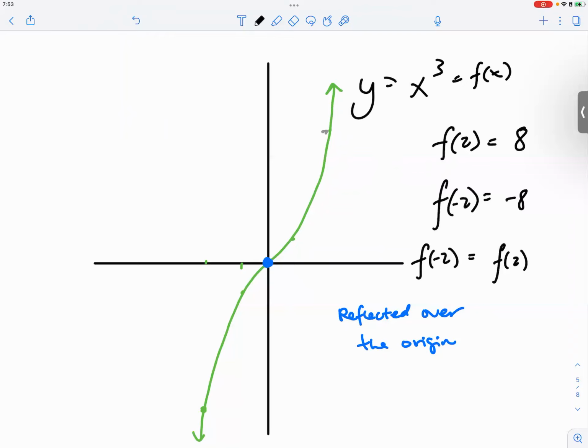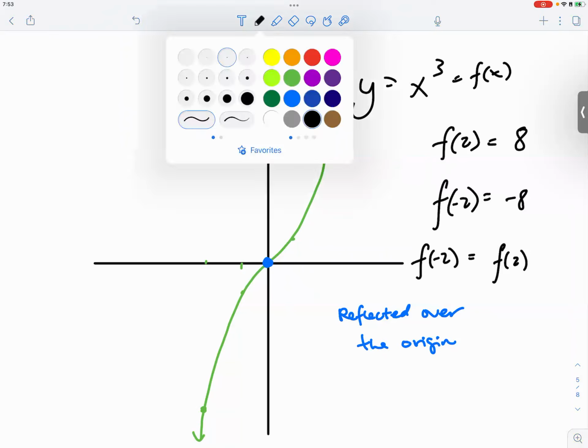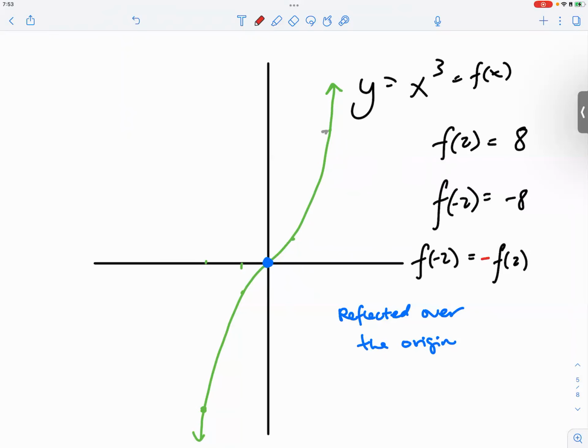So to make it a true statement, that's why there's a negative. So this is negative 8, this is 8, and that's why there's a negative. Now we have a true statement. And whenever there is an odd function, this is always true.